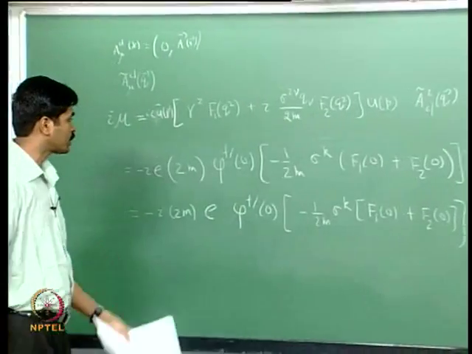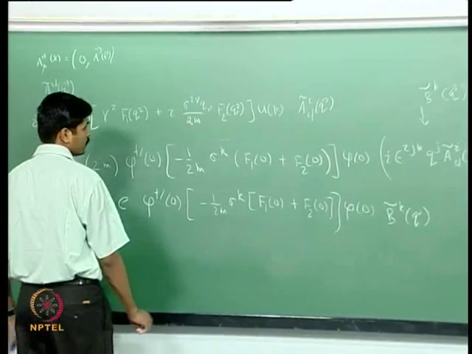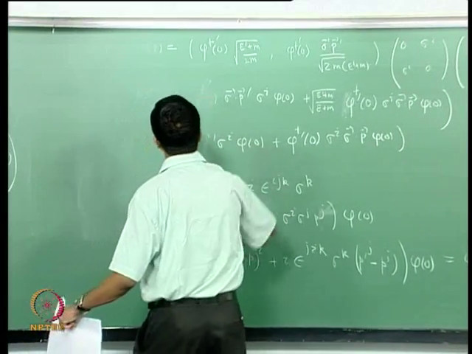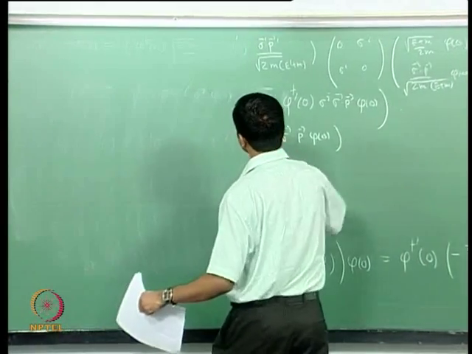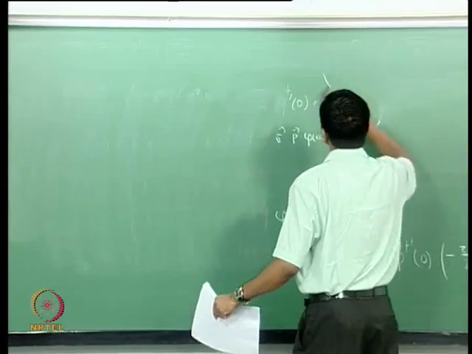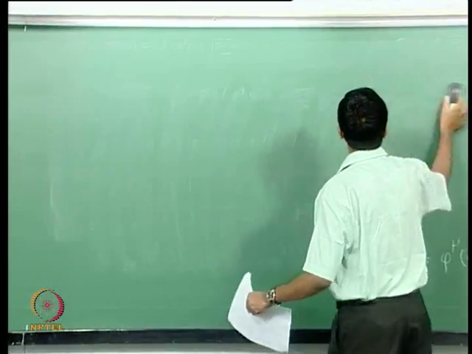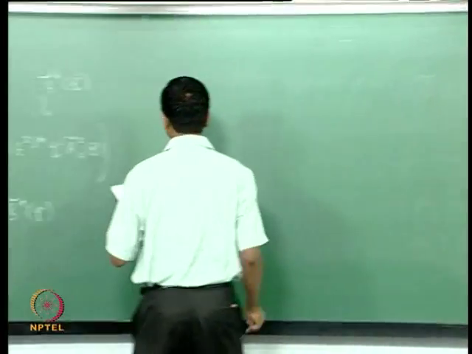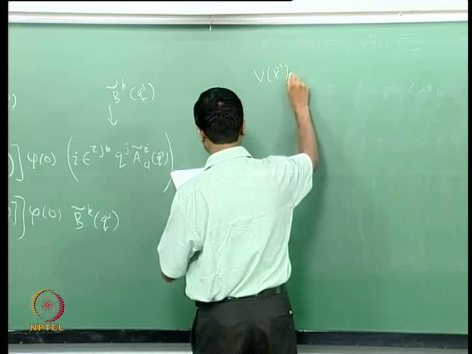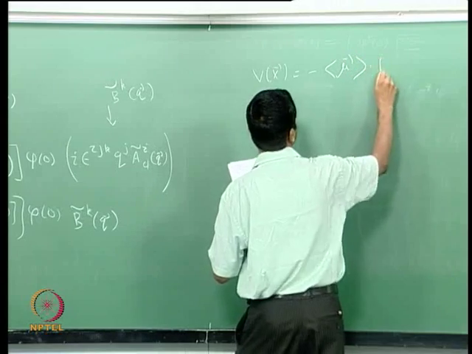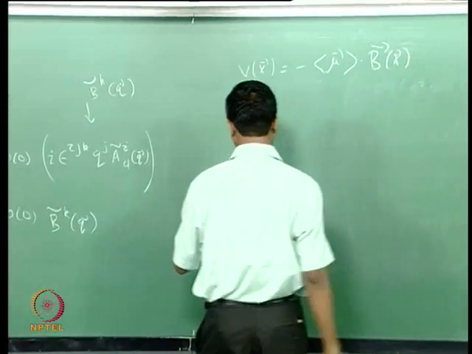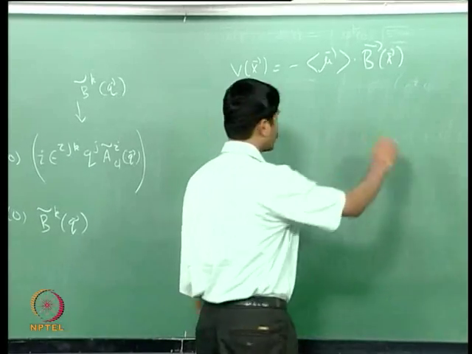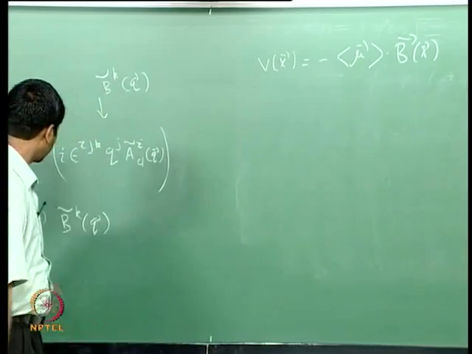So this quantity, if you take a potential which is minus mu dot B of x, then you just consider the scattering of electron from this potential, use Born approximation to evaluate the amplitude. This is what you are going to get.